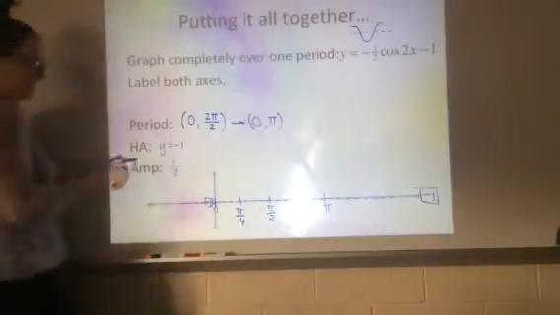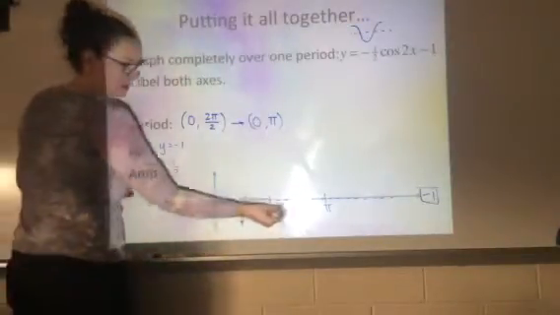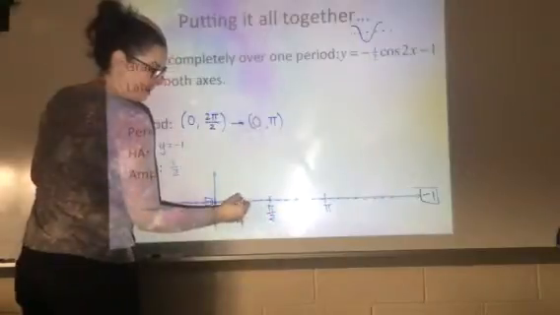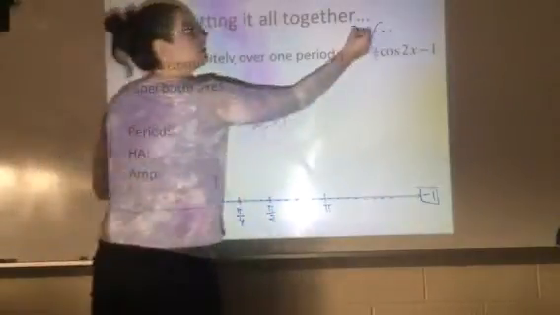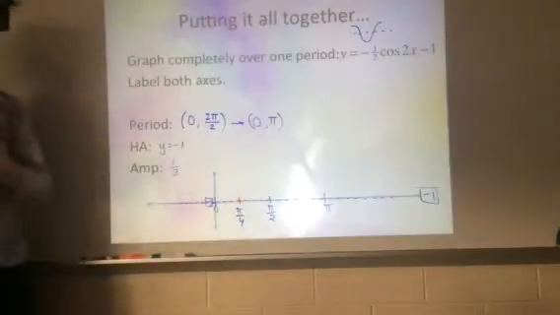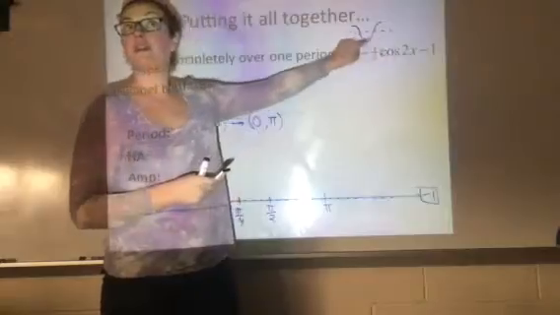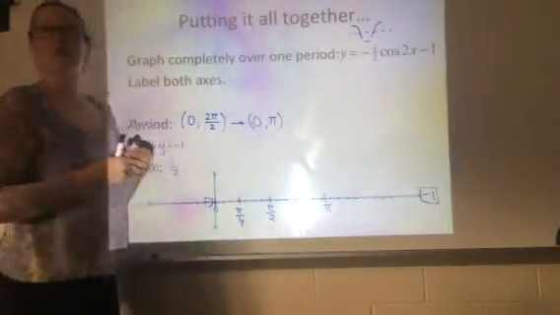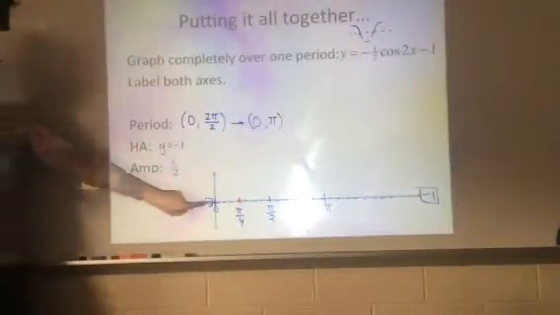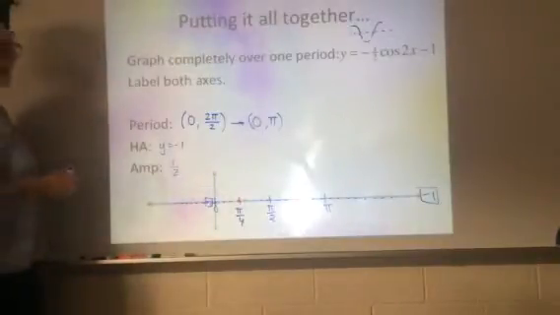Okay, we already said that there's 2 places that cosine is going to cross our center line. It's going to be here and here, denoted here in the general picture. Now, this is where we have to take the information in front of the trig function to determine the 3 other points. Again, rather than going up 1/2, I'm going to go down 1/2.